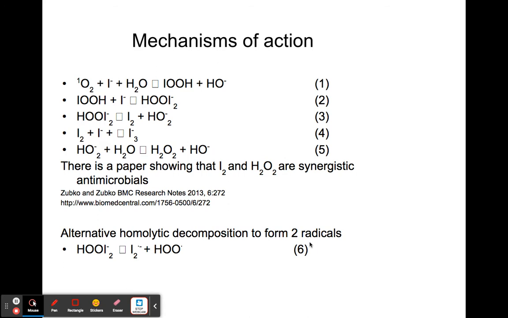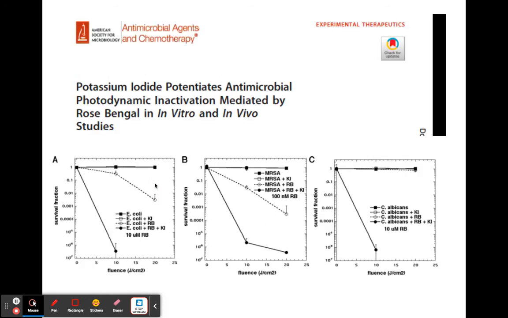So you can either get radicals or you can get free iodine and hydrogen peroxide, which are synergistic together. With rose bengal, similar results. Rose bengal normally does not kill gram-negatives, but when you add KI, you get a lot of extra logs of killing. Obviously, gram-positives and Candida, the same thing.